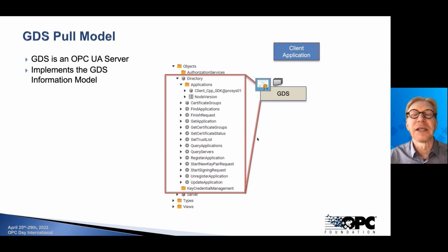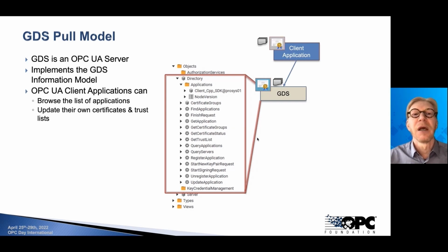And here you can see an example of what the address space of the GDS looks like. The client applications can then call methods and browse the address space to find a list of applications that are registered in there, and they can update their own certificates and trust lists from the GDS.